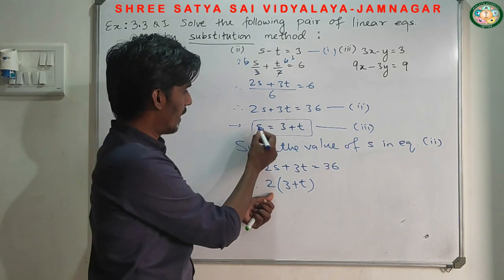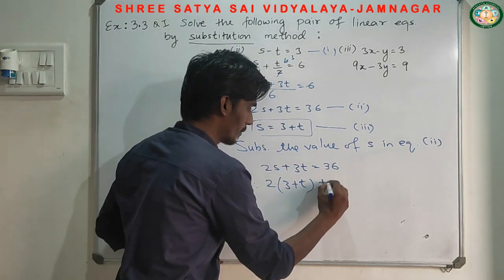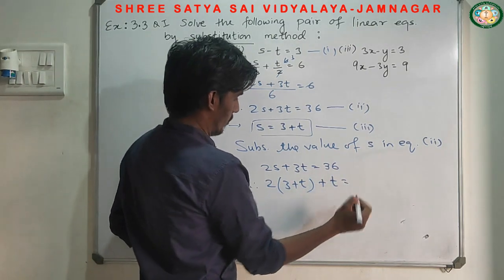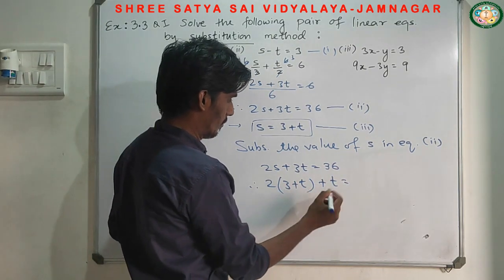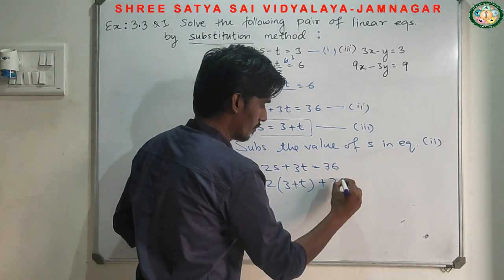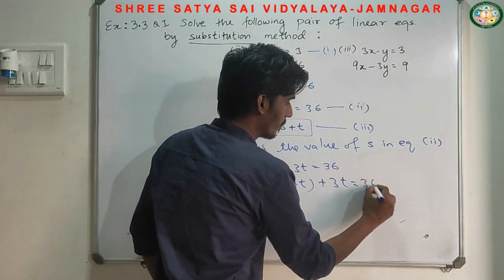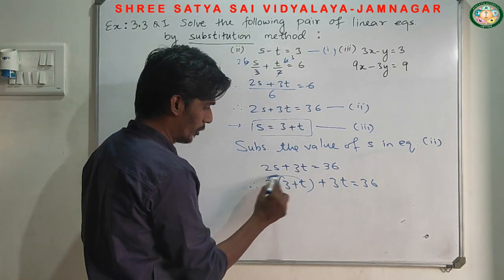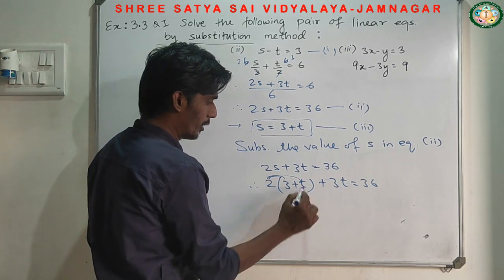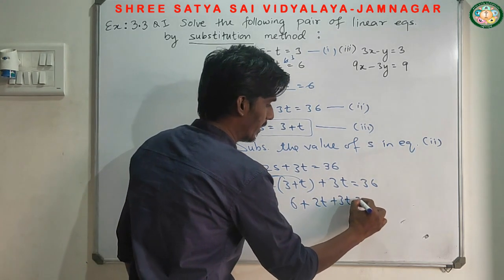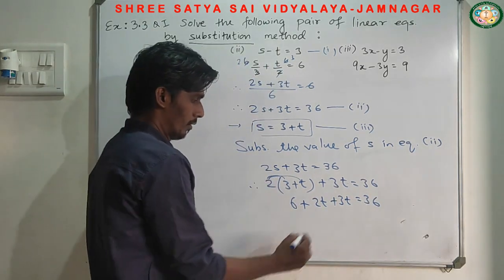So 2 times 3 plus t, plus 3t equals 36. Now multiply this. 2 into 3 is 6. 2 into t, 2t, plus 3t equals 36.